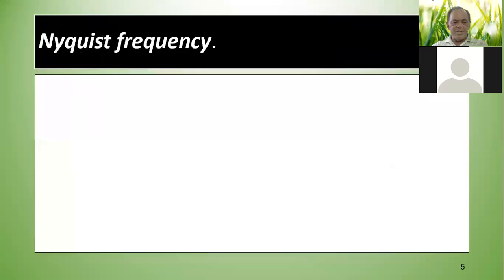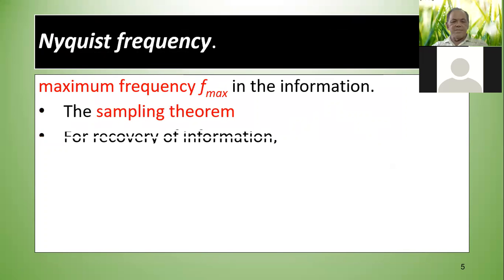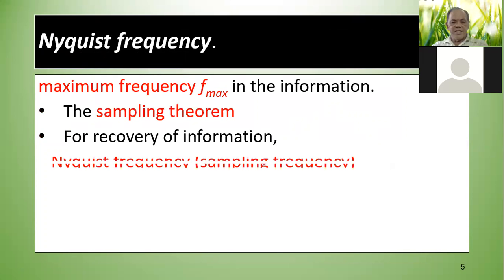And then it's important that we have what we call the Nyquist frequency. Fmax is the maximum frequency of the signal or information, and the theorem says for recovery, your sampling frequency must be twice the maximum frequency.